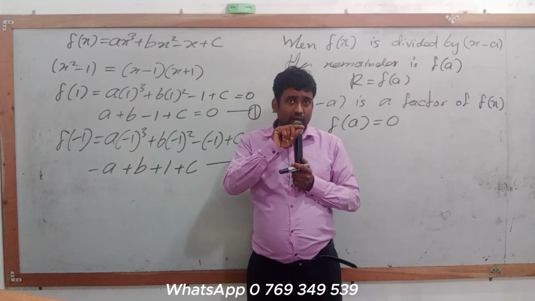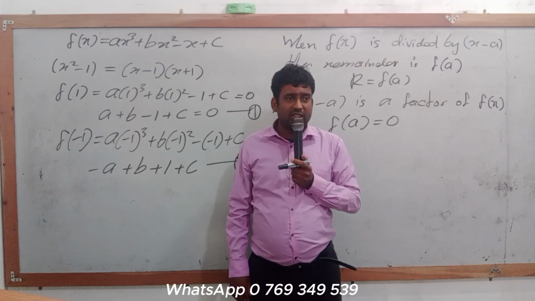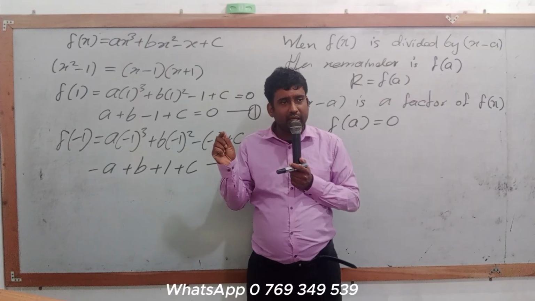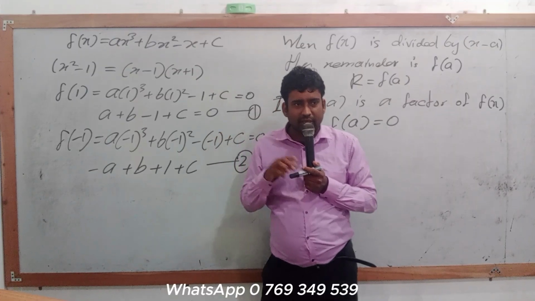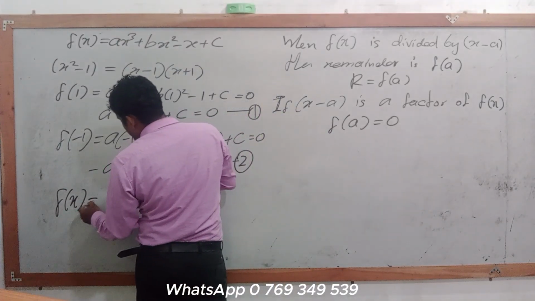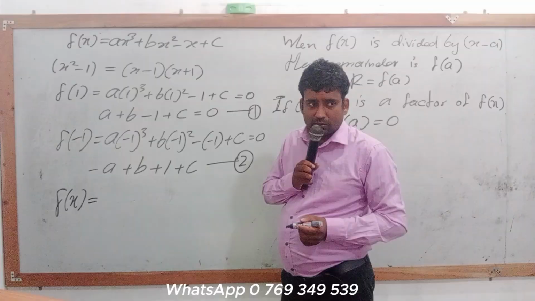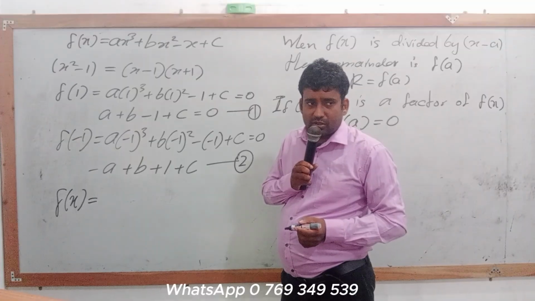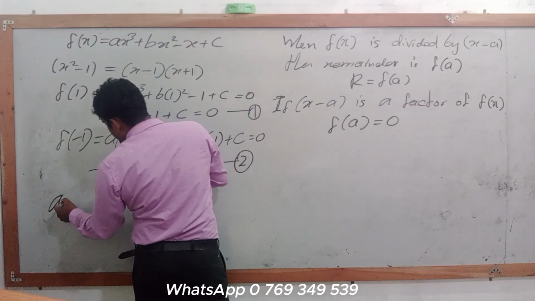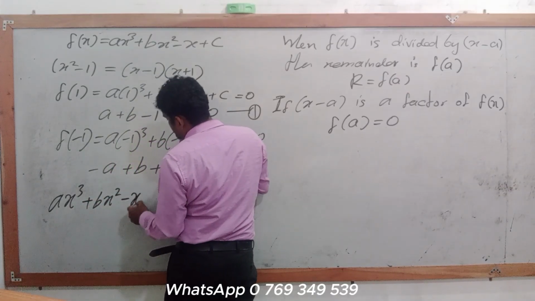Now try another option. It is also given that the remainder when f(x) is divided by x square minus 2x is 5x plus k. So f(x) equals ax cube plus bx square minus x plus c.